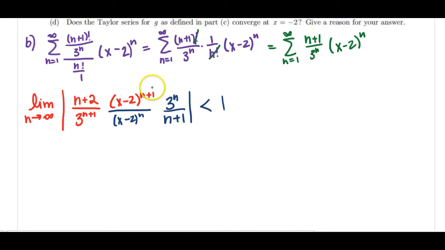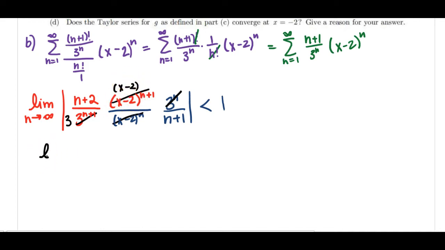So we need to force this to happen, and now some stuff's going to cancel out, right? 3 to the n plus 1 is 3 to the n times 3, so this cancels with the 3 to the n, and I get just a 3. And then my (x minus 2) to the n will cancel with the (x minus 2) to the n plus 1 to leave me just one copy of x minus 2.